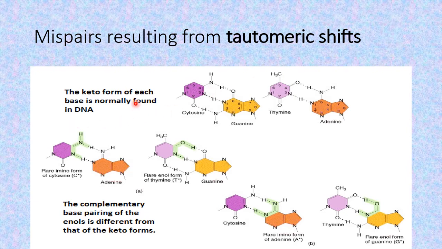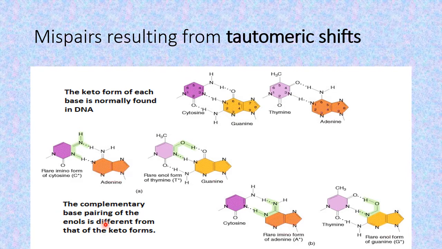But in the DNA molecule, these nitrogen bases are present in the keto form. And in the keto form, cytosine forms triple hydrogen bond with guanine, and thymine forms two hydrogen bonds with adenine, and these combinations form the stable base pairs.